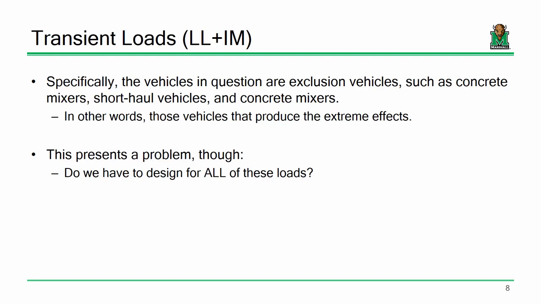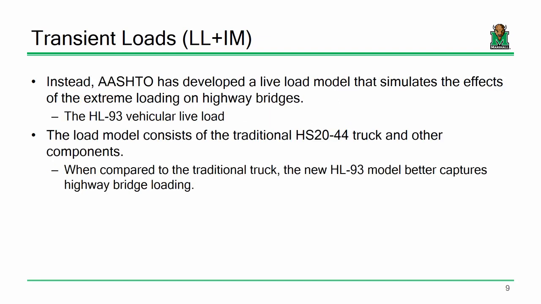All right. So when we're talking about the truck traffic that matters, we're talking about those exclusionary vehicles that produce extreme effects on the structure. Okay? Now, that raises a question. Do we have to design for every single possible exclusion vehicle that's ever going to be on a bridge?